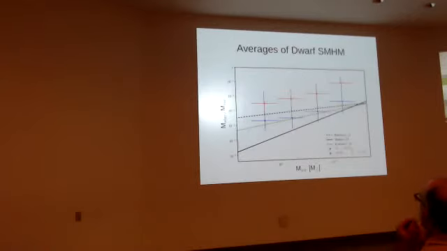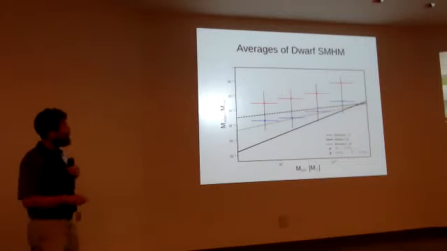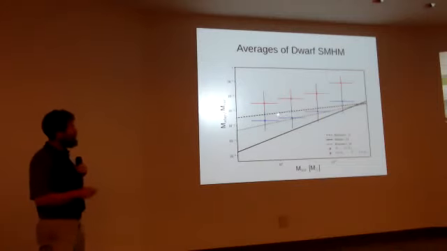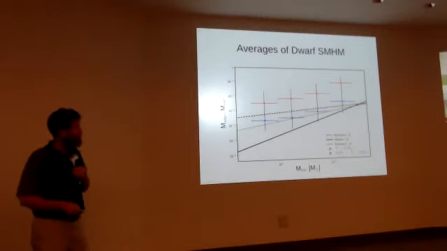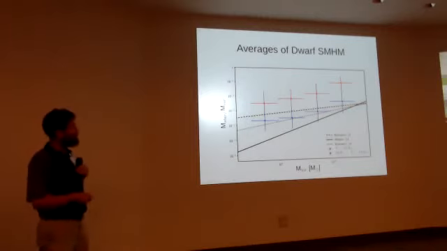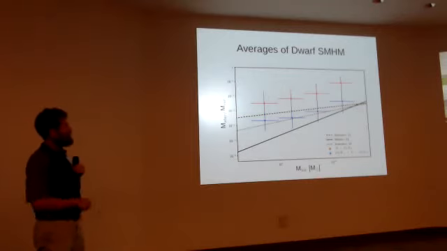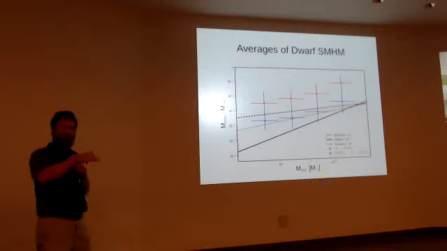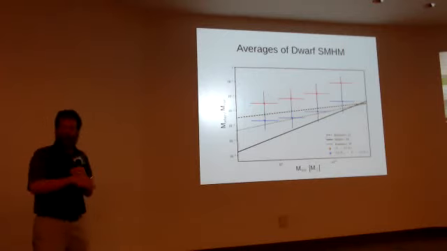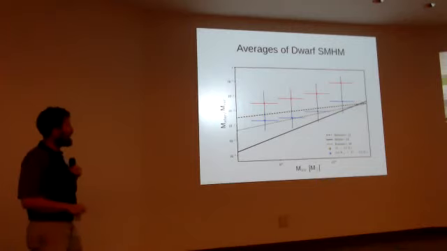To look at that a little bit, we divided those satellite galaxies into two classes. The red are central, that is, their distance from the central galaxy is less than a fifth of the virial radius, and the blue is galaxies that are beyond a fifth of the virial radius, so the very outskirts of the cluster.